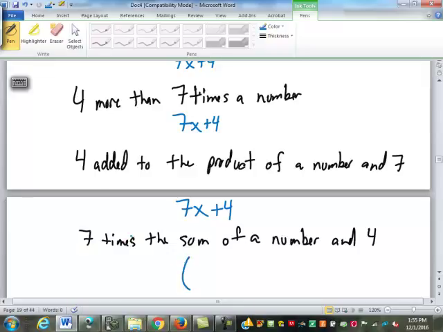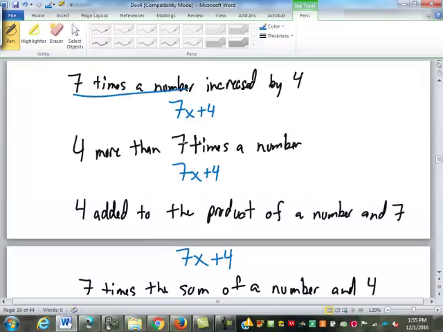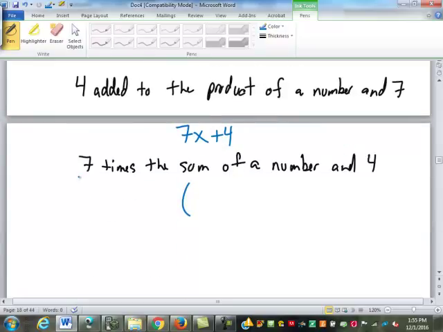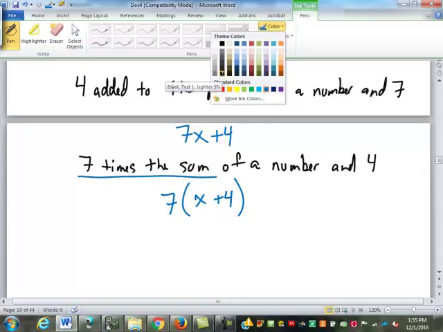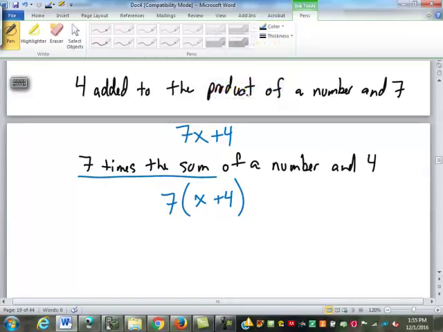Yeah, up here it was 7 times a number, which is telling us 7 was multiplying the x. Down here it is 7 times the sum, which is saying we're multiplying the result of the addition problem, which is saying we have to add first to get the sum, x plus 4. So the parentheses are telling us we have to add first, then 7 outside the parentheses. So you have to be a little careful.